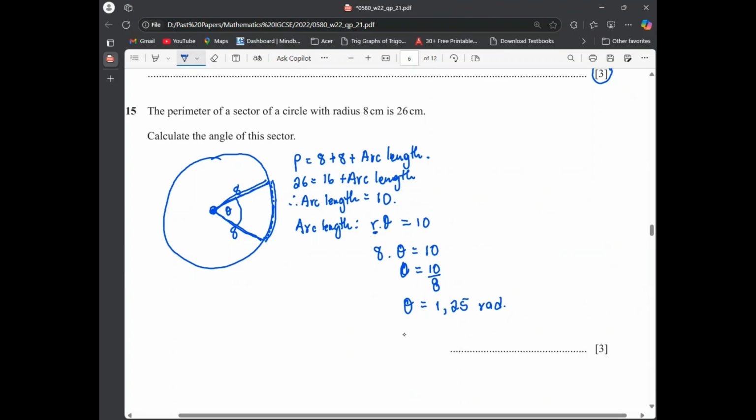If we want to change from radians to degrees, we say theta is equal to 1.25 multiplied by 180 degrees divided by pi, and that's going to give us 71 point. Just a quick calculation there. Beg your pardon. I'm going to round it off to one decimal place, 71.6 degrees.